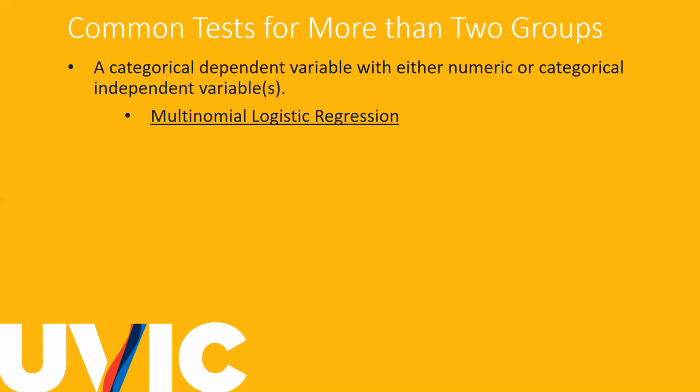The multinomial logistic regression would be if I had something like, say, let's use ethnicity, for example, right? Maybe white, Asian, South Asian, African, Caribbean, and Black, East Asian, Arab, indigenous.